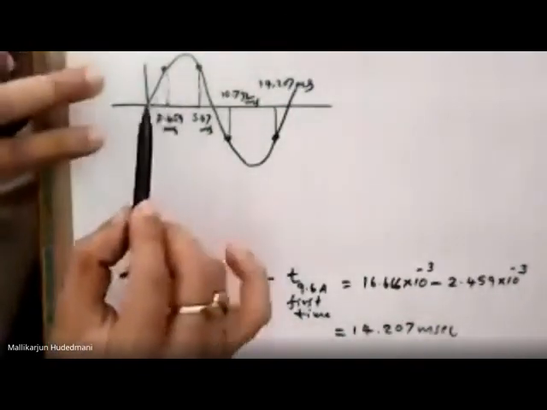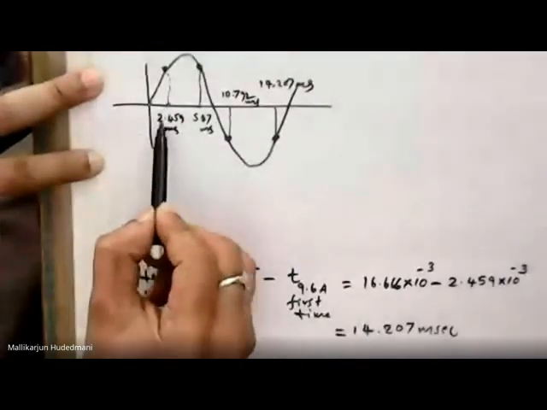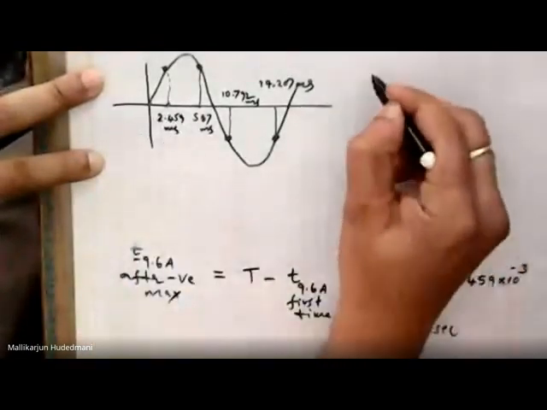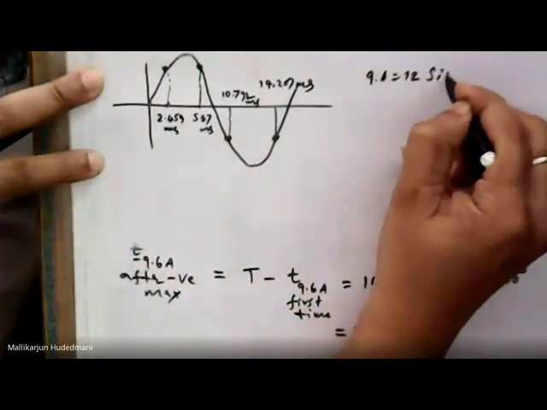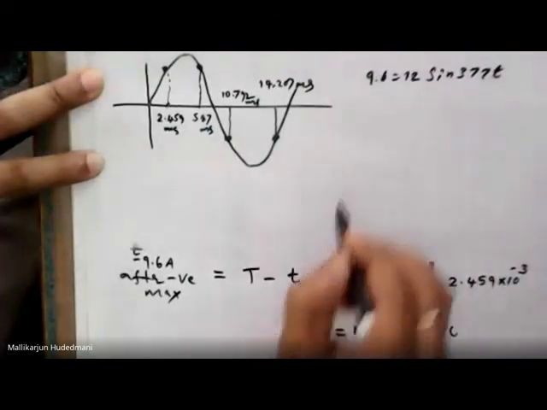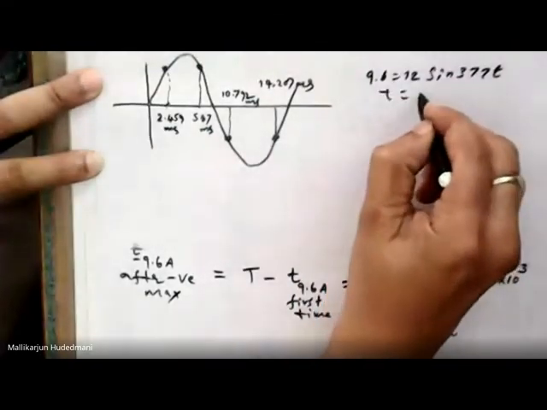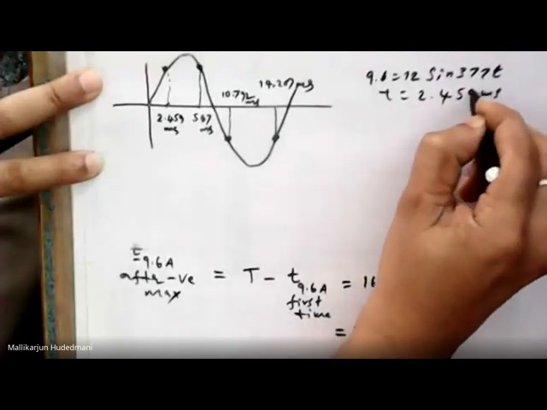So what I did here, I repeat back. Time for 9.6 first time is this time, 2.45. How I did it? 9.6 equal to 12 sine 377t. I equated. I got a value of t as 2.459 ms, correct?